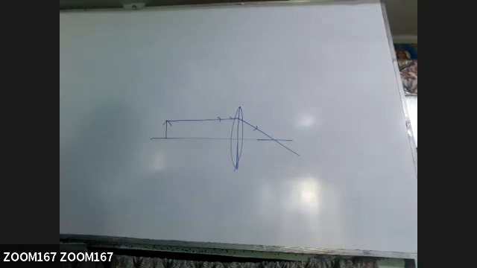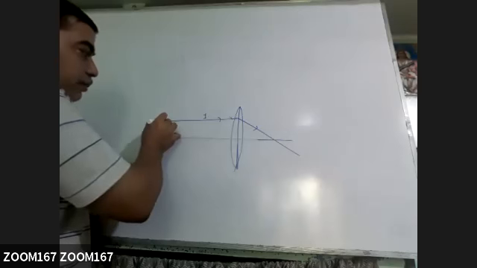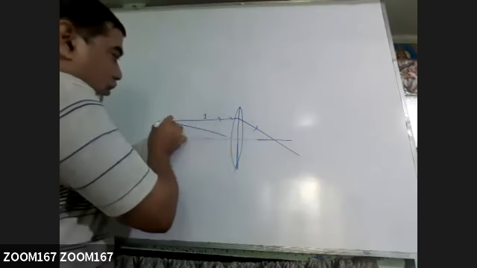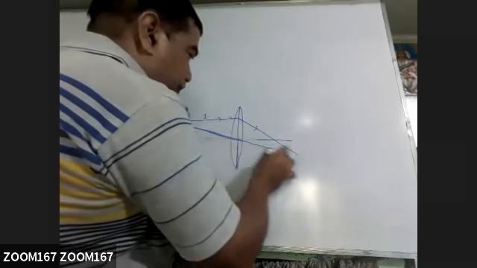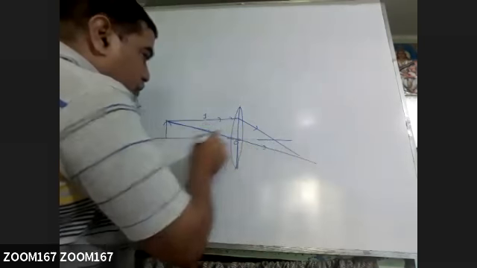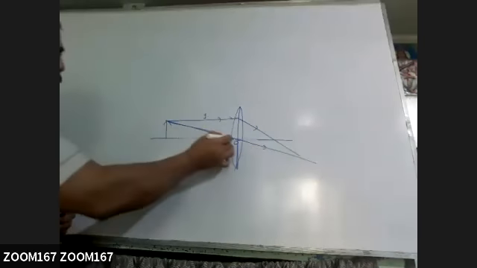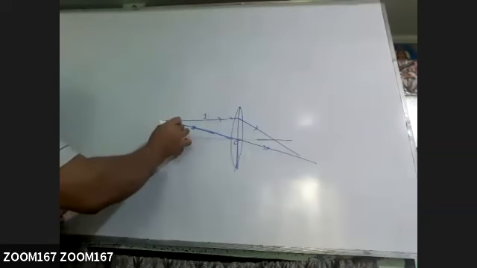That is one ray. What will be the second ray? Second ray will be passing through optical center. So we will join the tip of the object and optical center. So it will pass undeviated. So that is our second ray.